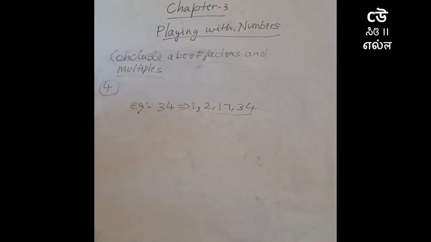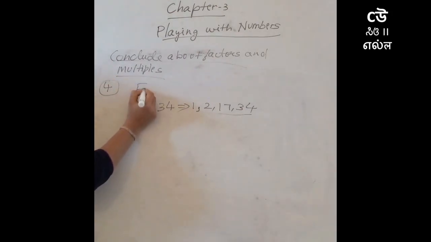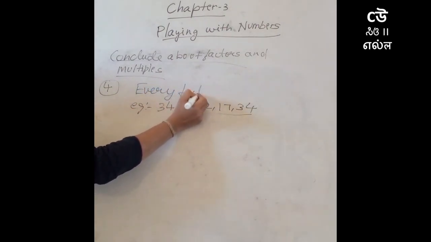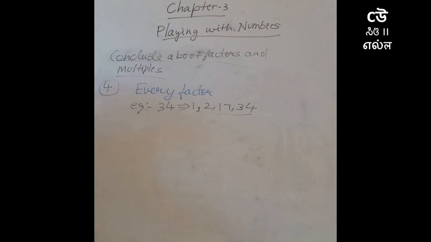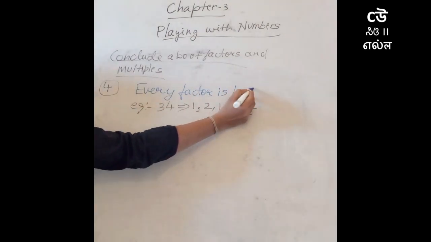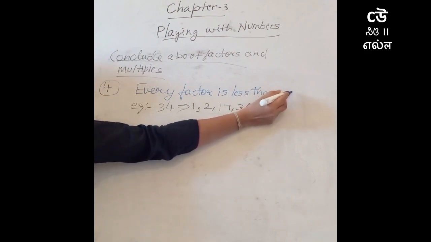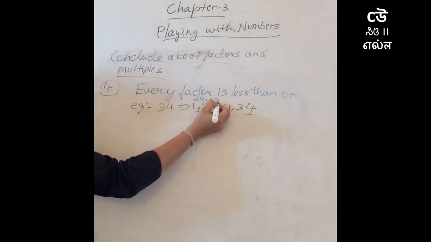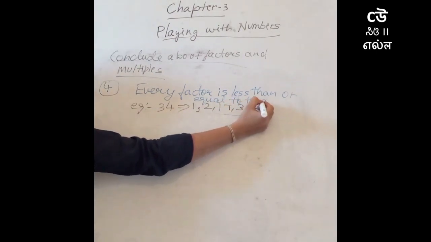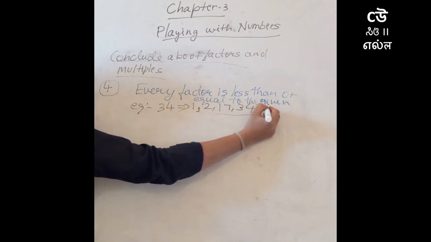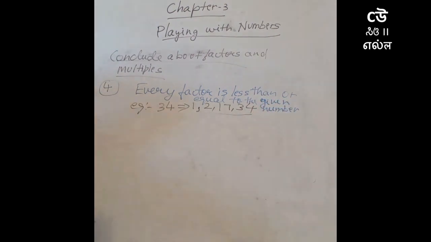So we can tell that every factor of a number is less than or equal to the given number. It can't be greater than the number.